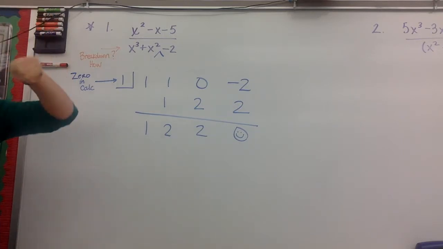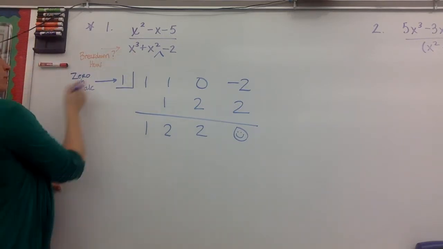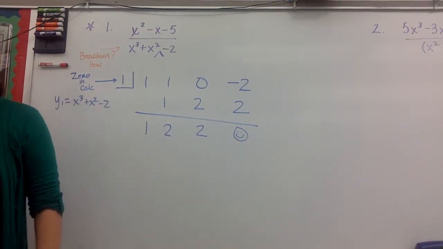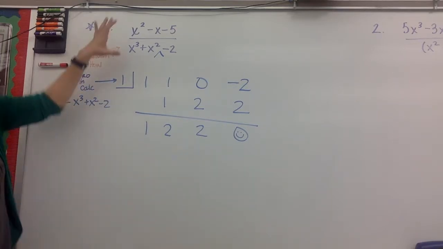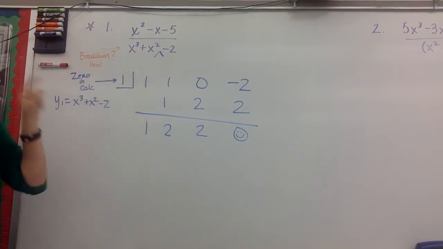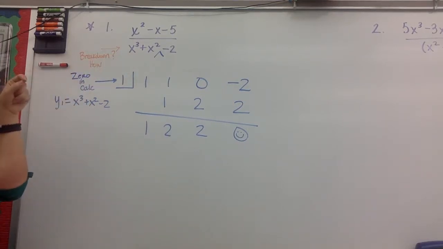We want to find the 0 of the denominator, so I would put y1 in as just the denominator. And that makes sense that you're going to get an error because the error is going to be what? What violates the denominator. So if you do put the whole thing in, you're looking for errors. If you're just putting the denominator in, you're looking for values that exist in the table as zeros. Easy zeros. Okay, good question.